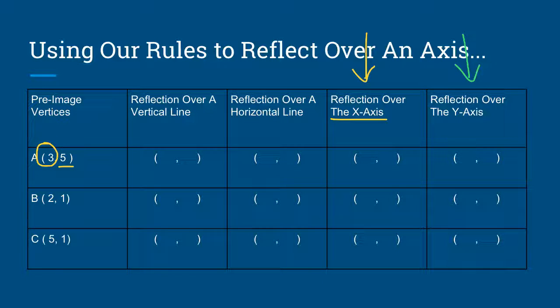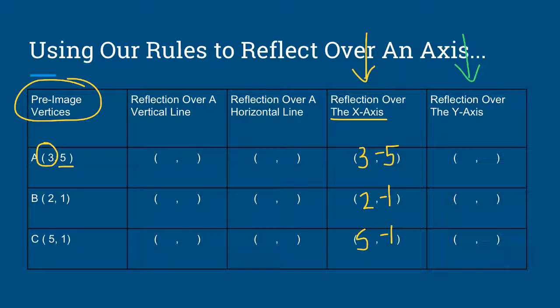So my original vertices are here. A used to be at 3, 5. It's now going to be at 3, negative 5. Pause me and fill in the rest of that column and come back for checking. All right, check against my answers.